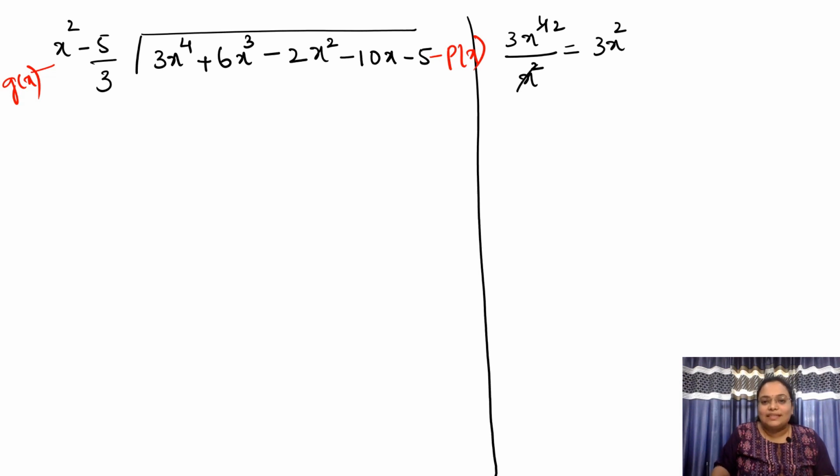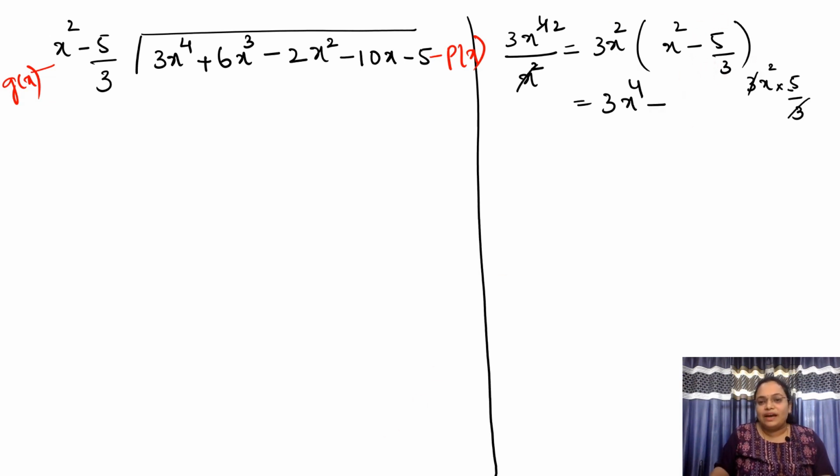Now 3x square multiplied with g of x, which is x square minus 5 by 3, gives 3x power 4 minus 5x square, right? So write 3x square in the quotient and write the remaining terms here.